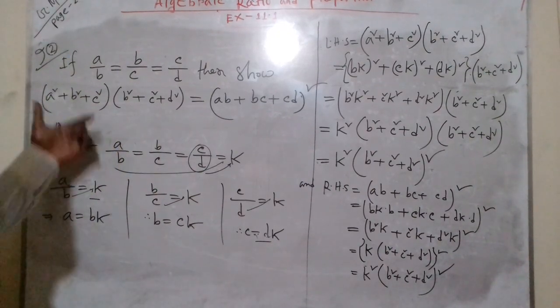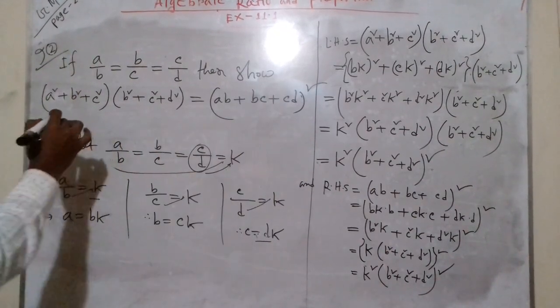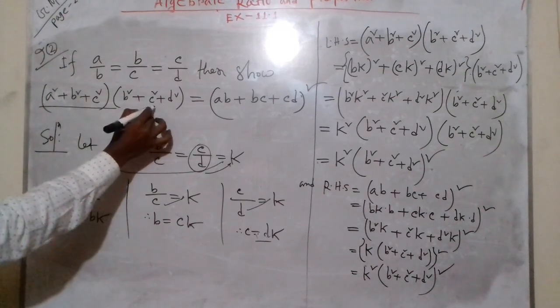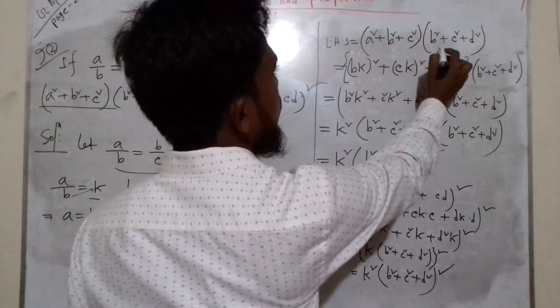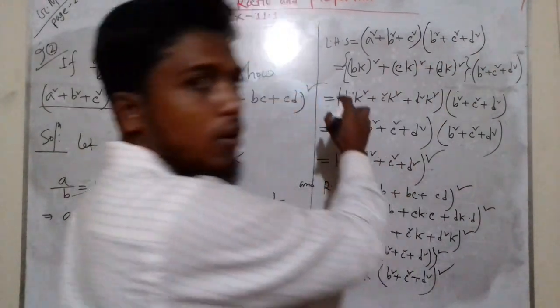Now the left hand side is (a^2 + b^2 + c^2)(b^2 + c^2 + d^2).